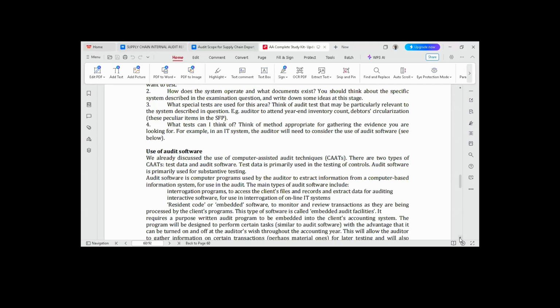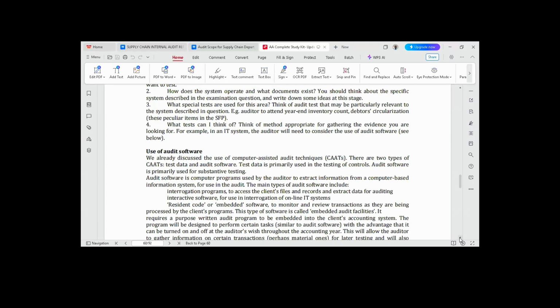What does this do? That's what they call the embedded audit facility. It is installed so that as transactions are being processed, the program has been set up to keep a copy of those activities in the system for the auditor to review.